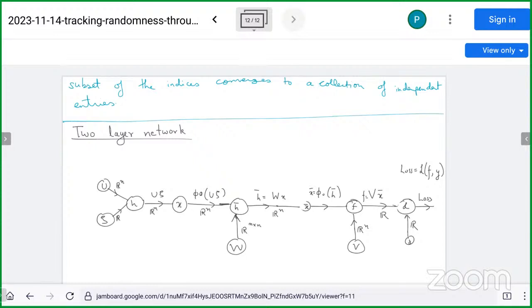What are the parameters? U and W, and again we'll have some initializations for those, and we'll try to figure out the correct scaling. So let's say that U has... I don't know if they take W to be symmetric, probably not.